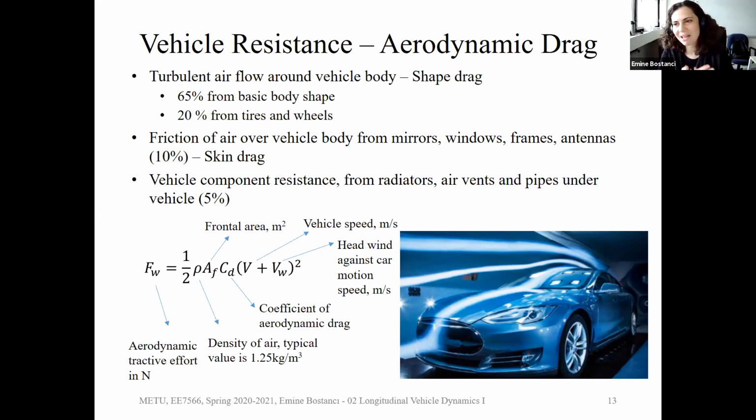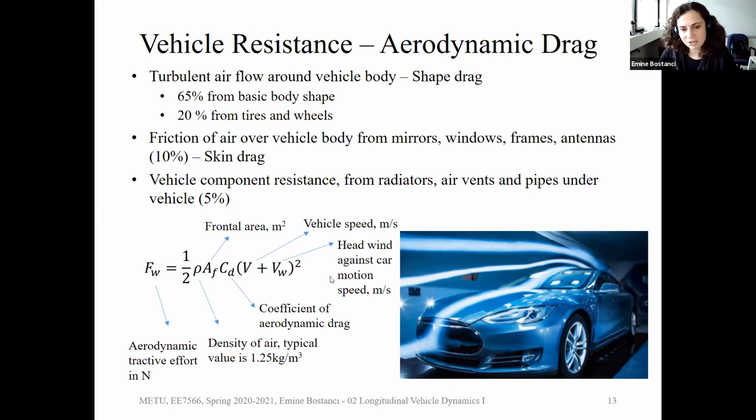In this course, we won't assume that we have any wind. It will be a still day for the whole semester. But if we assume wind, we will always assume a headwind, so it is just against the car motion. But keep in mind, if there is a crosswind, not coming at 90 degrees directly to the vehicle but from different angles, it is going to affect the CD differently.